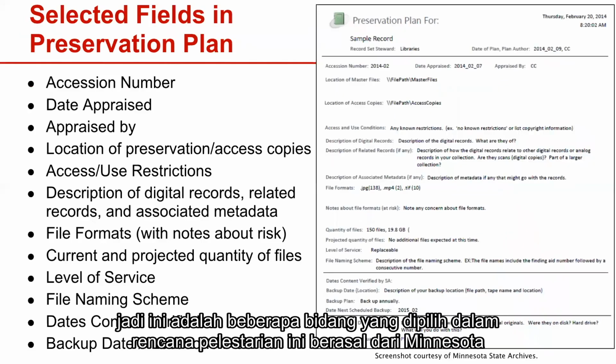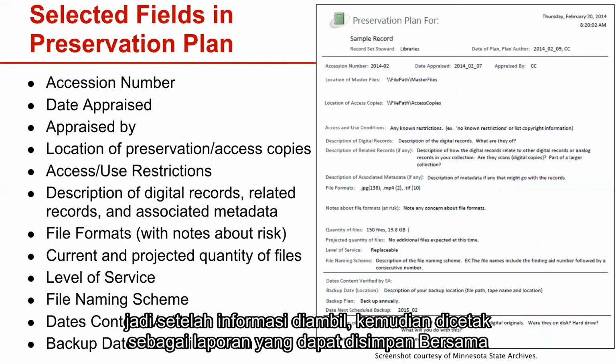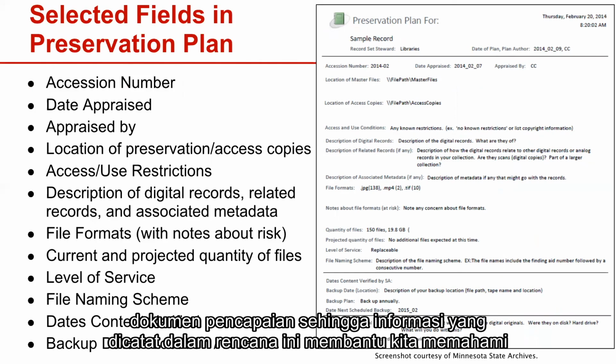So these are some selected fields in a preservation plan. This is from the Minnesota State Archives. And the fields listed here were captured in an Access database spreadsheet. So after the information was captured, it's then printed as a report that can be filed with the accession paperwork.